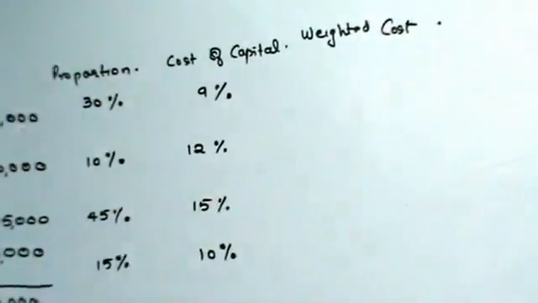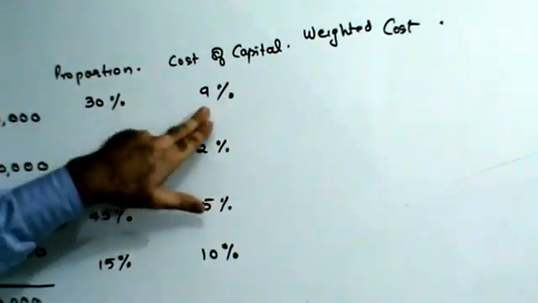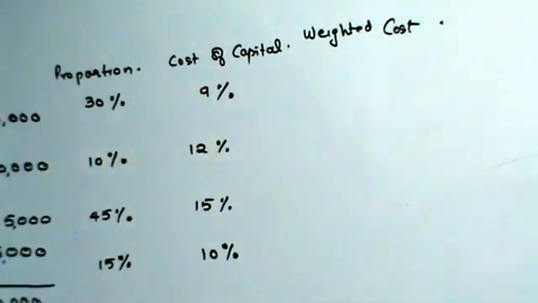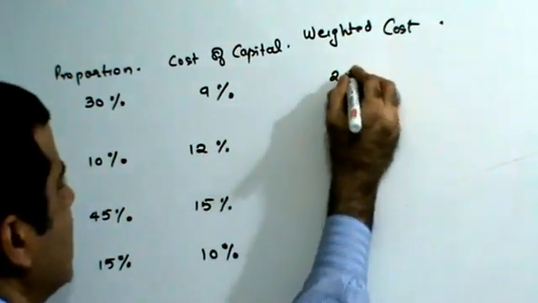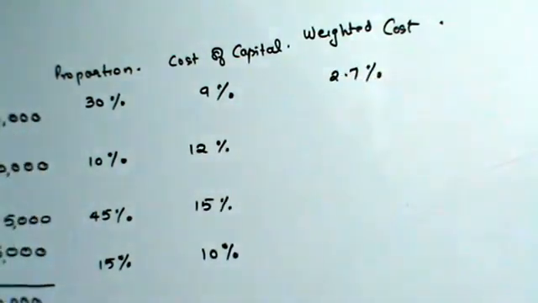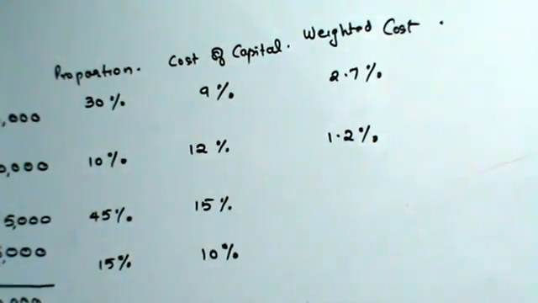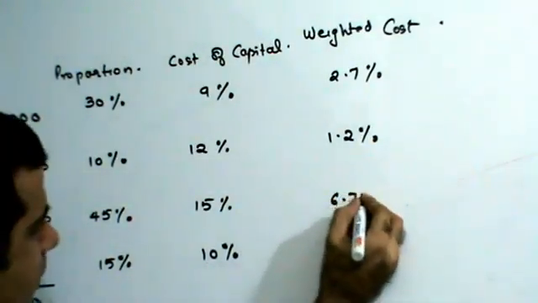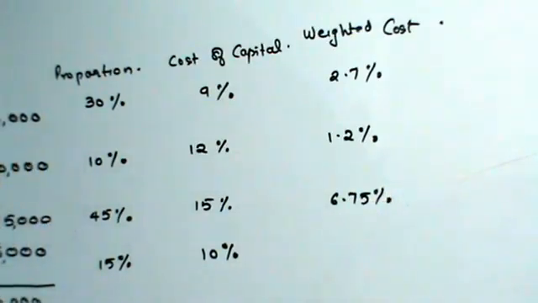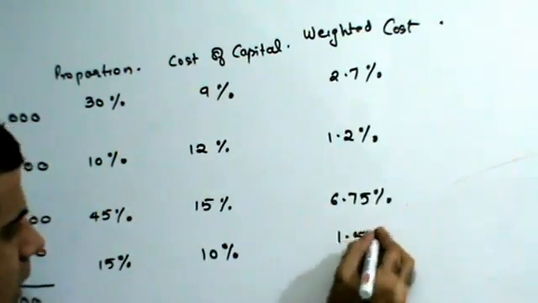Guys, how do I find out weighted cost? Proportion into cost of capital. So when you are taking proportion, take it as a number. When you take cost of capital, take it as a percentage. So 30 into 9%, which is going to be nothing but 2.7%. 10 into 12% is nothing but 1.2%. 45 into 15% is nothing but 6.75%. 15 into 10% is nothing but 1.5%.